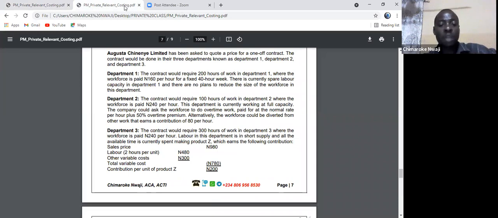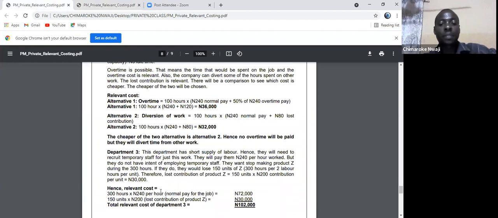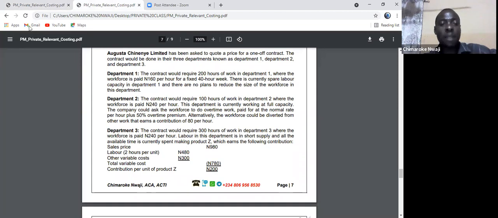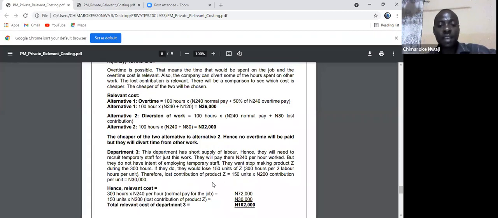They can stop that product to do that project. That is why they gave you the details of that product they're doing. So the lost contribution of how much? 200 naira per unit is going to be relevant there.